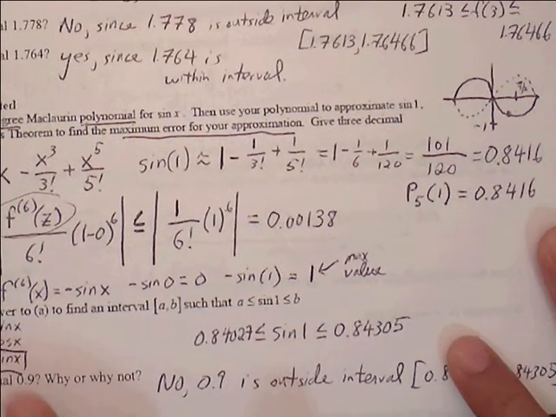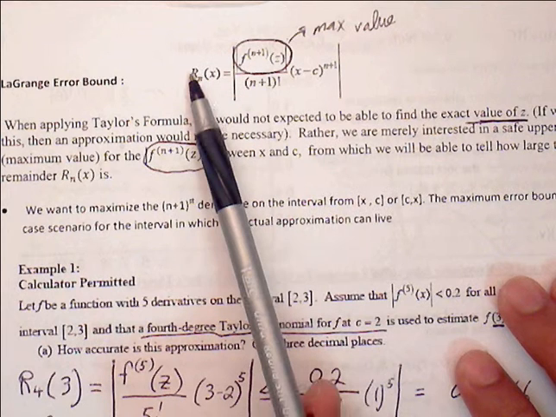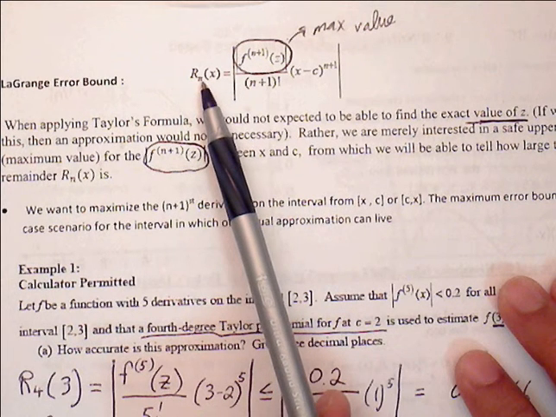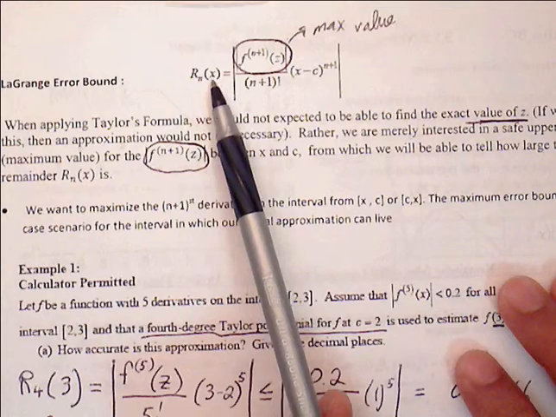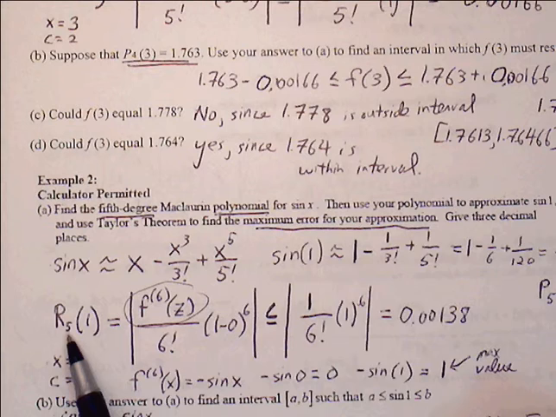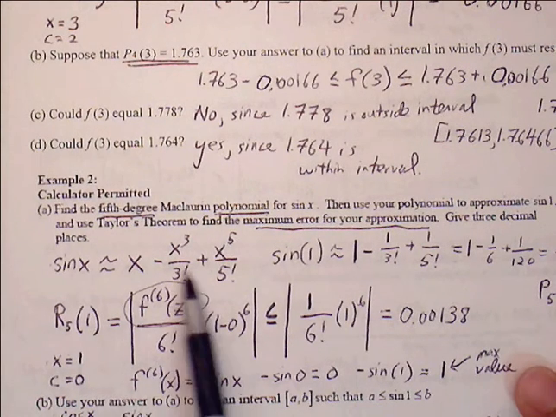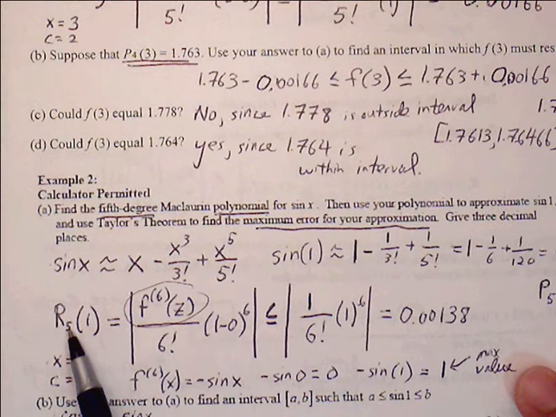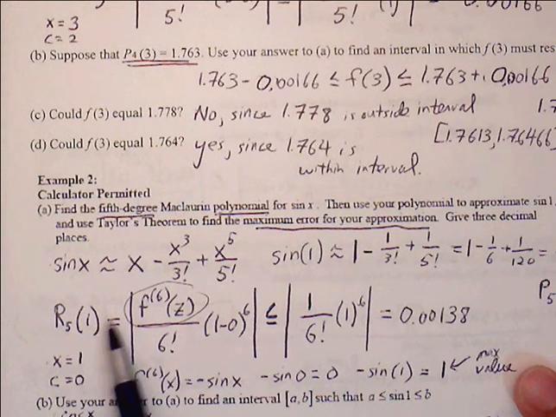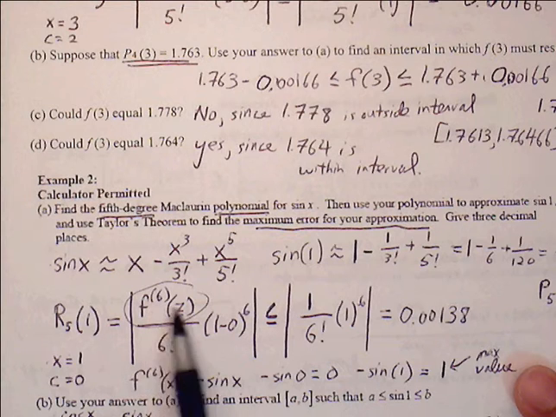Again, we're going to refer back to our Lagrange error bound, and we're going to evaluate this remainder, fifth degree, evaluated at 1. We know that we're going to involve the first unused term, so we're going to involve the sixth derivative evaluated at z.